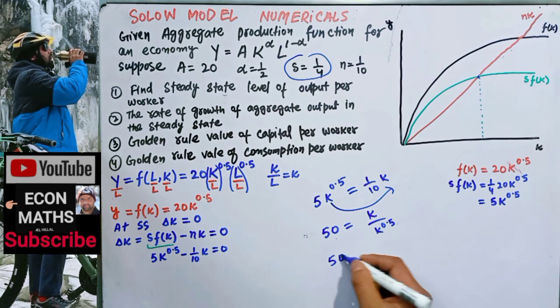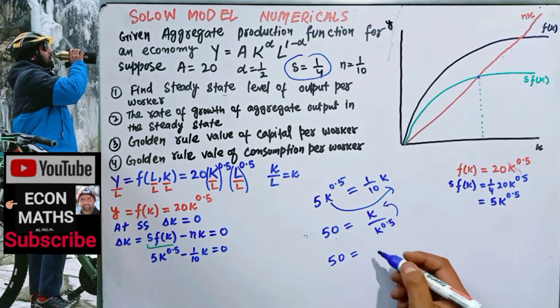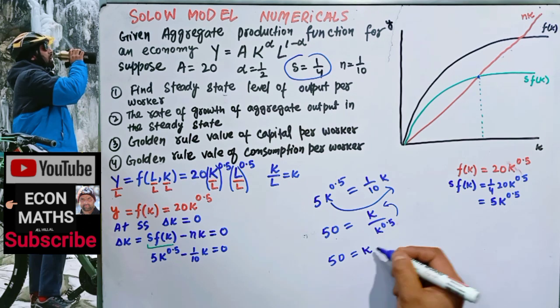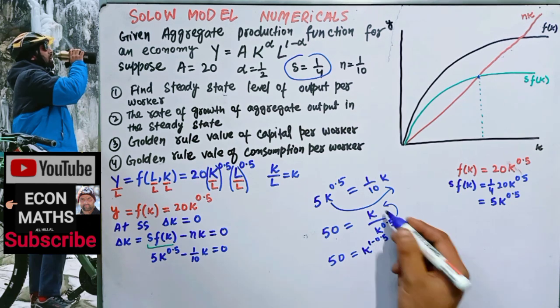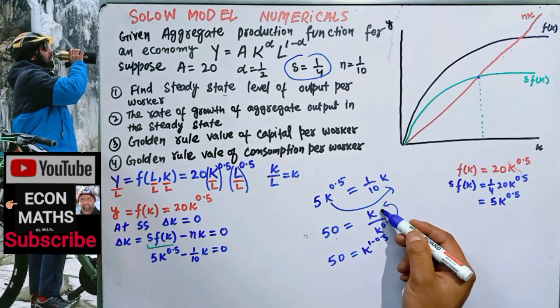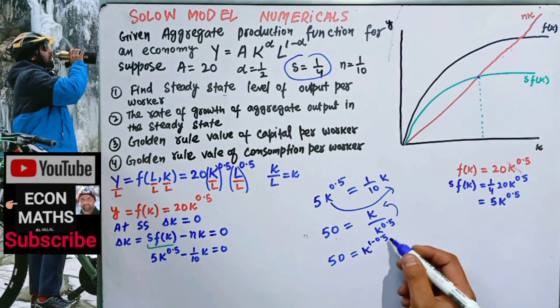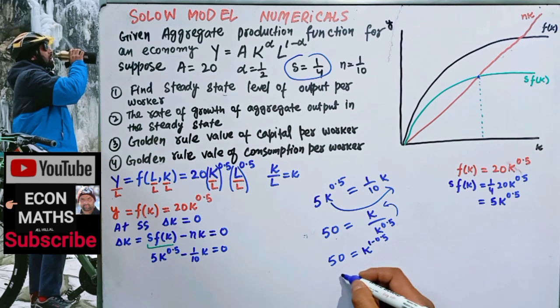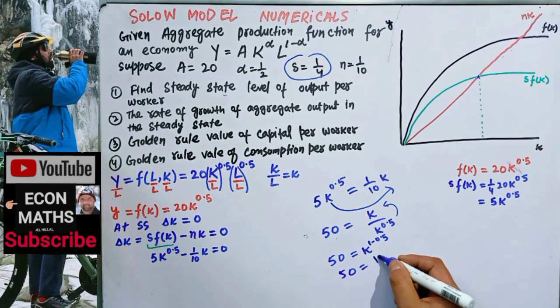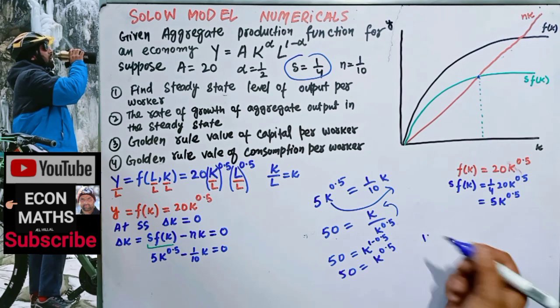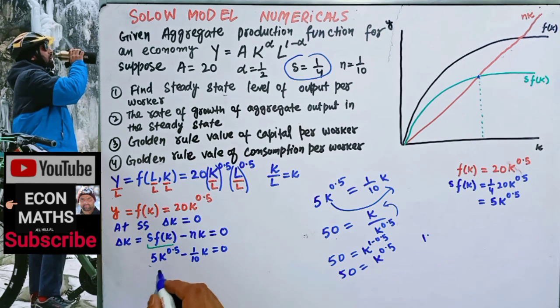This can be written as 50 equal to k to the power 1 minus 0.5, because when we transpose a term its exponent gets subtracted. So 50 will be equal to k to the power 0.5, which implies k will be equal to, transposing this 0.5, it becomes a square, so 50 squared.